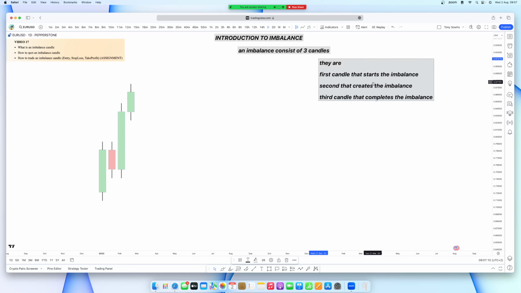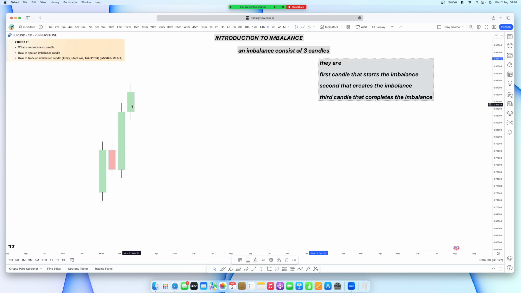Exactly. Now if you look at the chart, we have 4 candles here, but it says 3 candles create an imbalance, so one of these 4 candles will not be needed. So how do you spot an imbalance? We have the first candle, the second candle, the third candle, and the fourth candle.